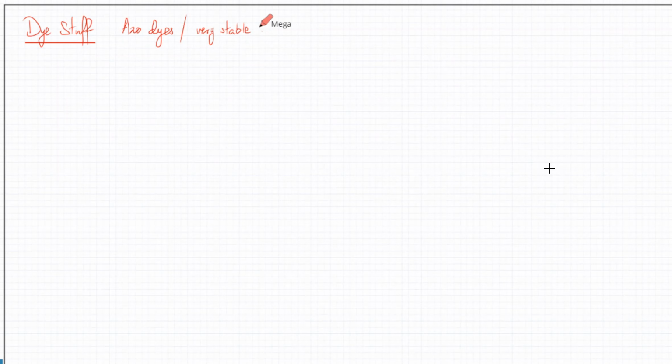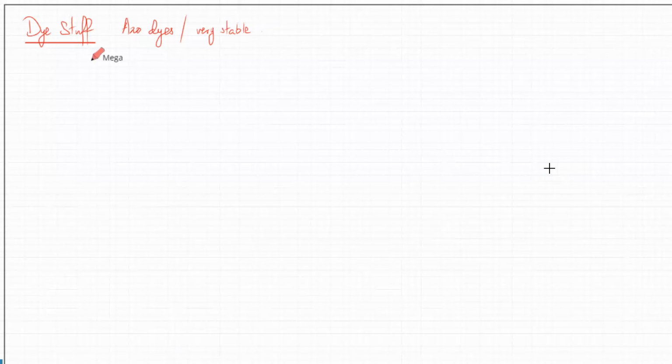So paints have to be really stable because they're exposed to a lot of the environment. Like when you paint your house, a lot of things are falling on it. If a car has black paint on it, the black paint has to remain black for a very long time.